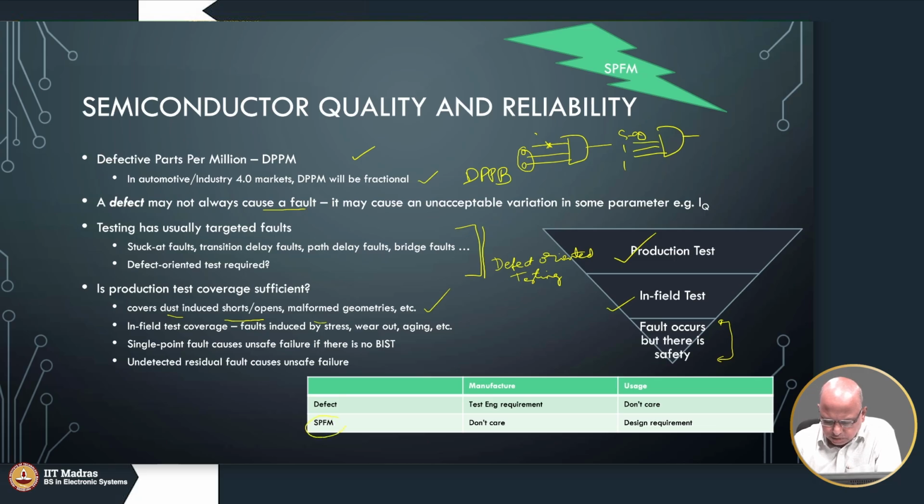So there is a term that is used called single point failure mechanism. If a single point failure occurs, then the chip completely fails. There was nothing else.